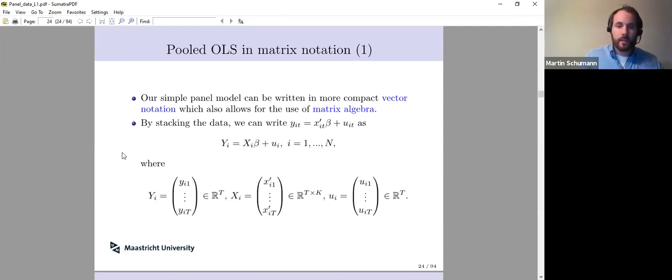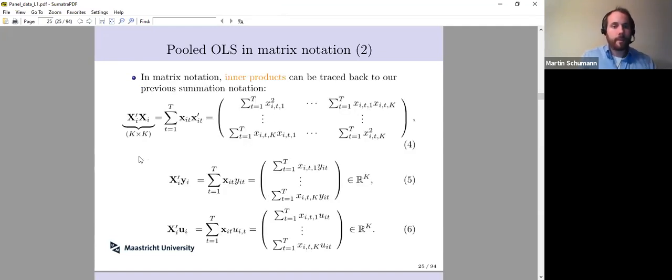Now, in this matrix notation, this is something very useful to remember. The cross products of these matrices will correspond to the sum over t. These kinds of things you should remember. Also, the cross product of this matrix with this T-dimensional vector will again simply be the sum.